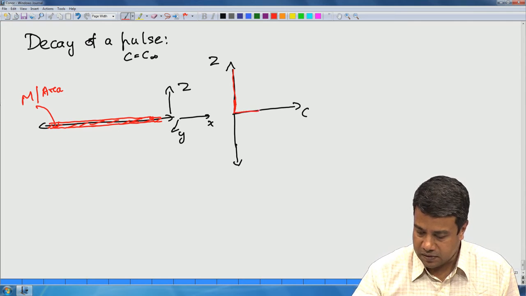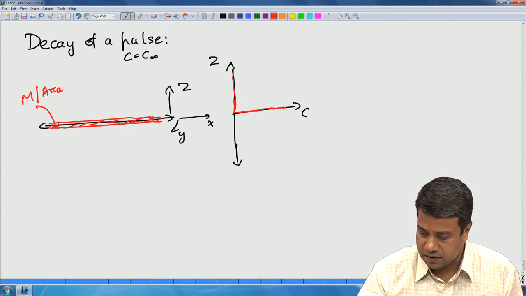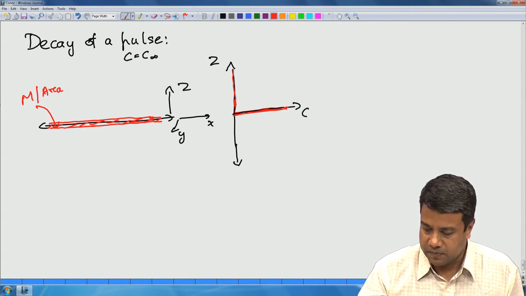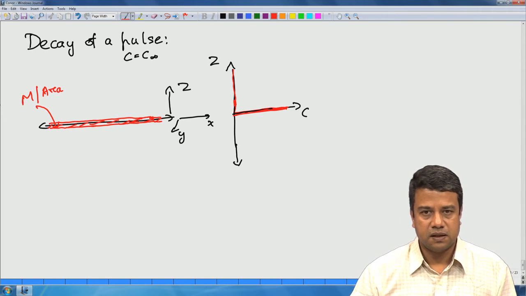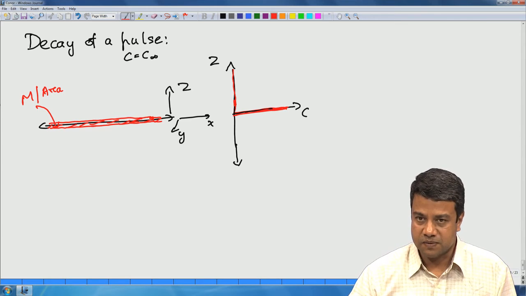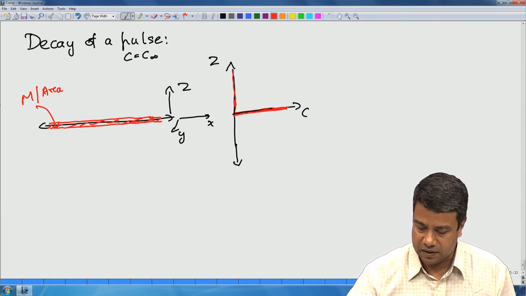And at this location the concentration is very large. The concentration will basically go as the mass put in divided by the thickness, because mass m has been put in per unit area. The thickness of this pulse is infinitesimally small, so the concentration will be very large.